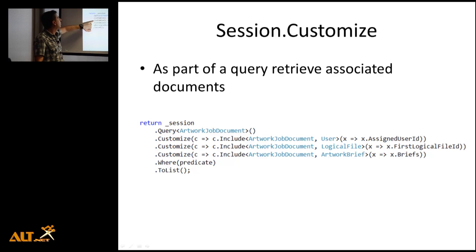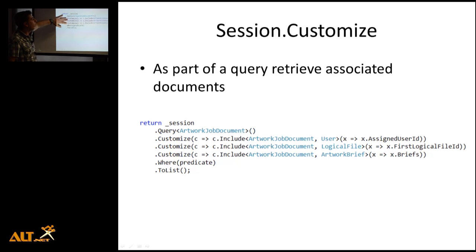But we'll do a Customize call for job documents, and this time it links out to 3 other document areas, 3 other collections of documents. The user, something called a file, and something called a brief. Now, I pass in my standard where clause, and I ToList.